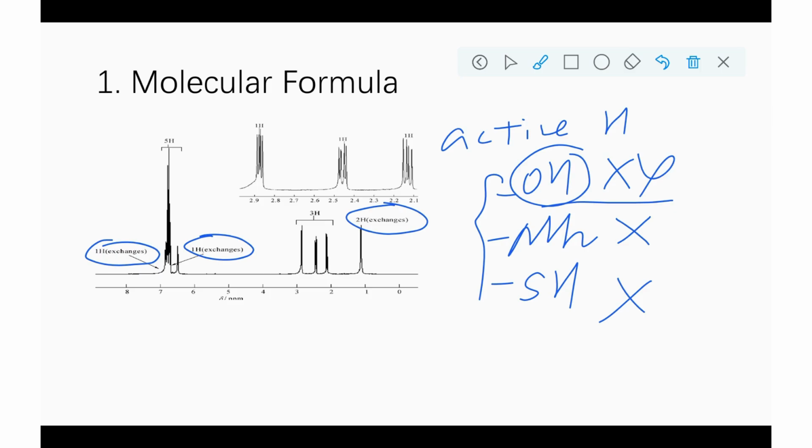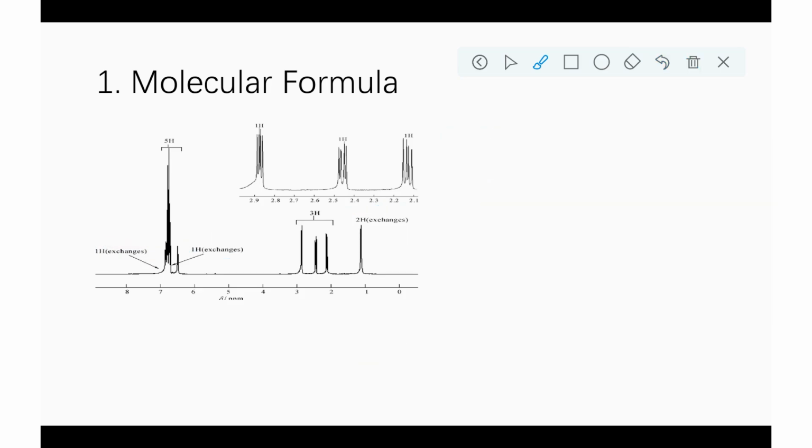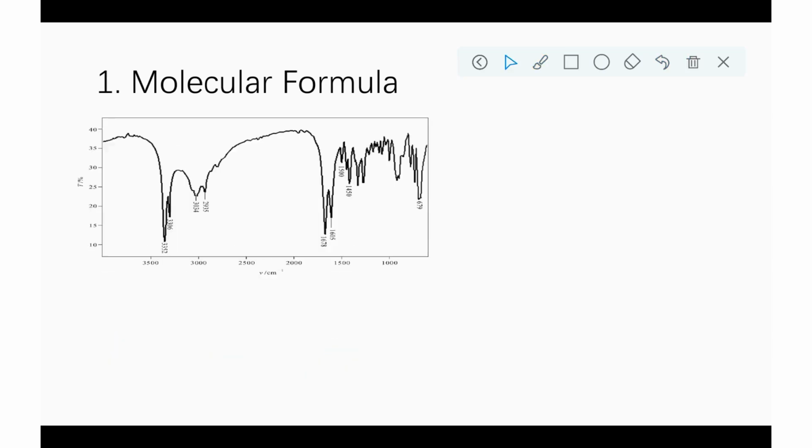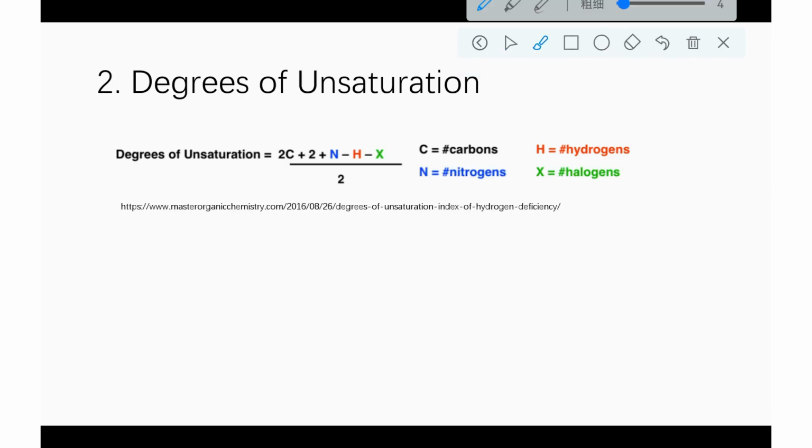So it can only be the case that we have 2 nitrogen atoms. So now we have the formula, which is C9H12N2O. So we can move to the next step, which is to calculate the degree of unsaturation.